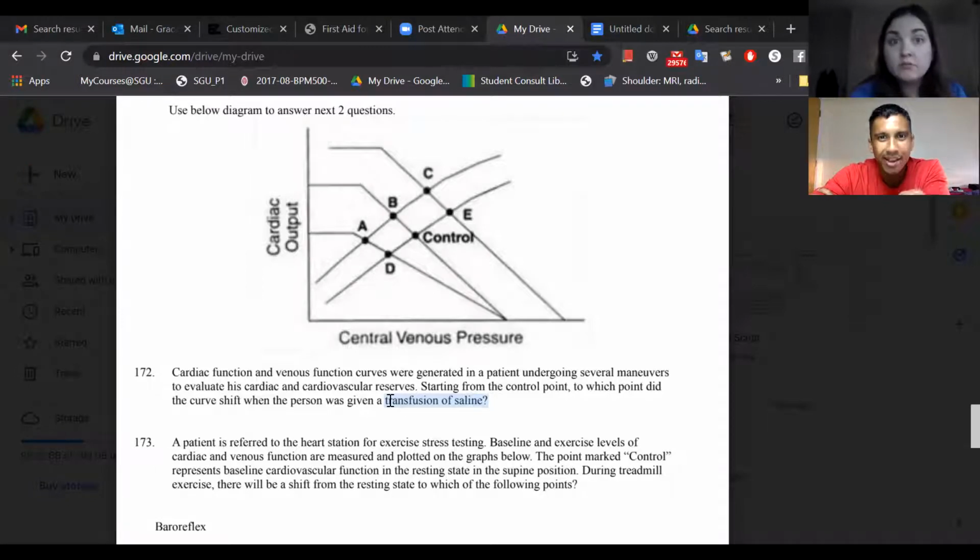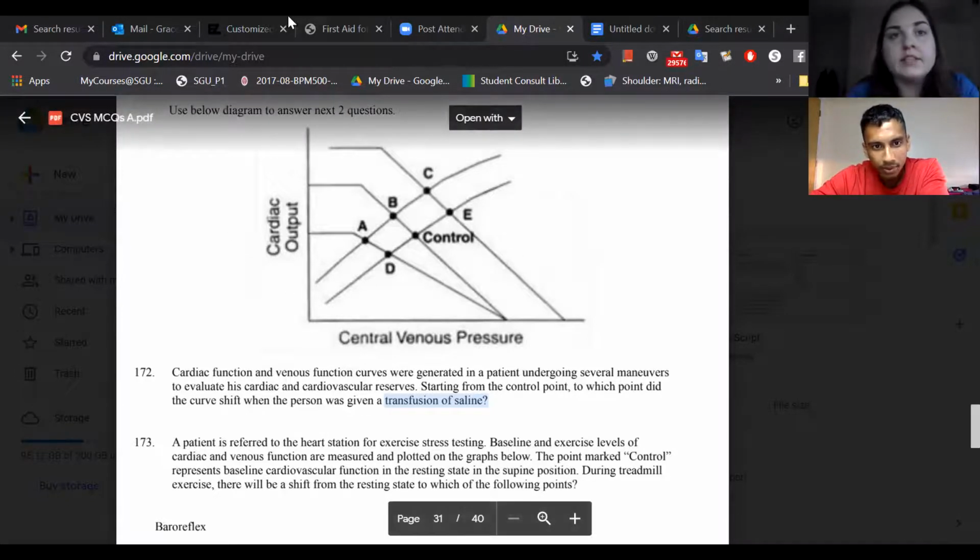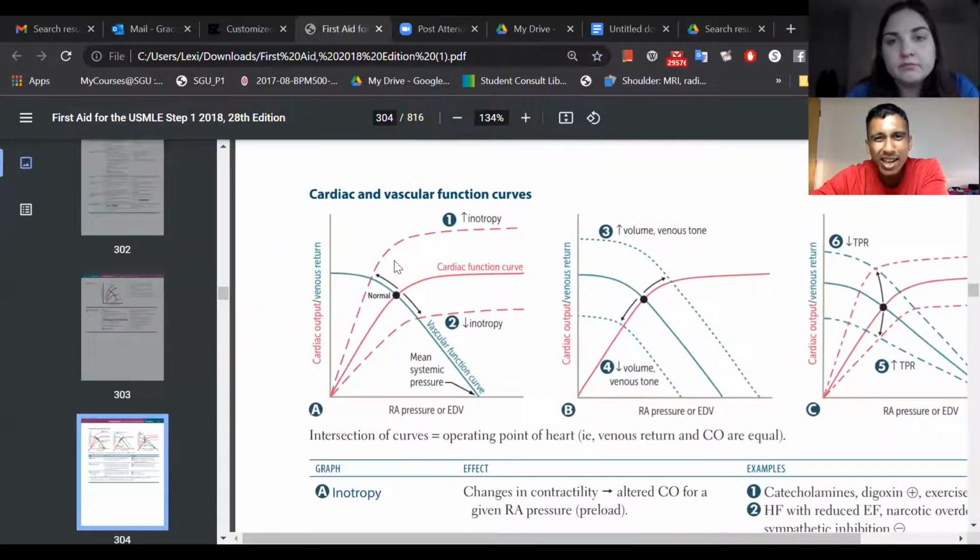Okay. So we'd either be dealing with C or E, because those are both up, or B. B is also up. But what we don't want to do is change the cardiac output, so I would say E then, right? We don't want to change this line. We only want to change this line.